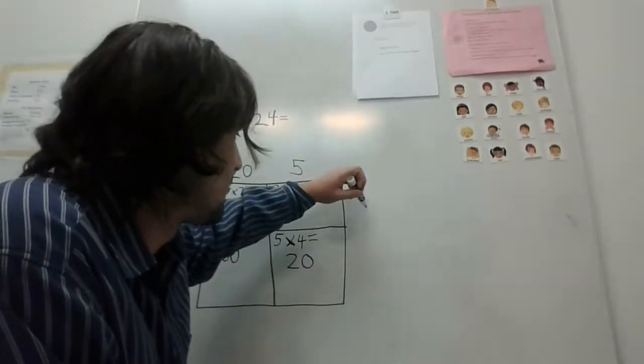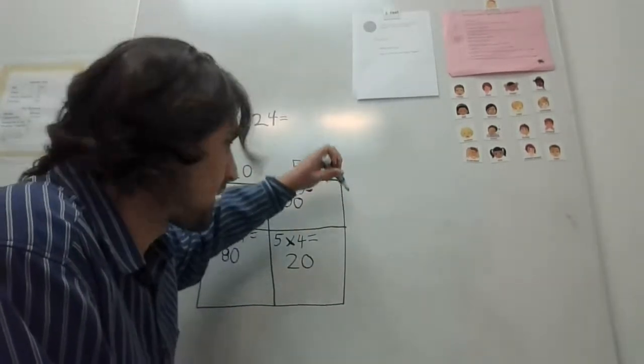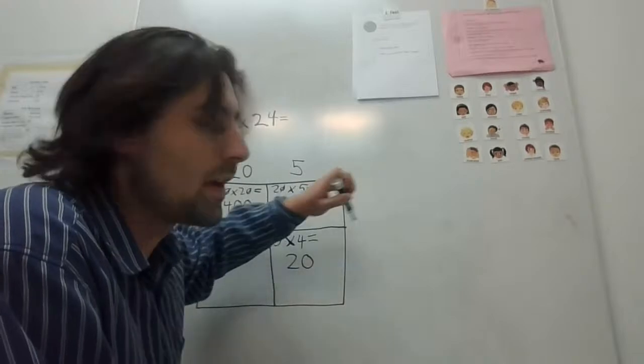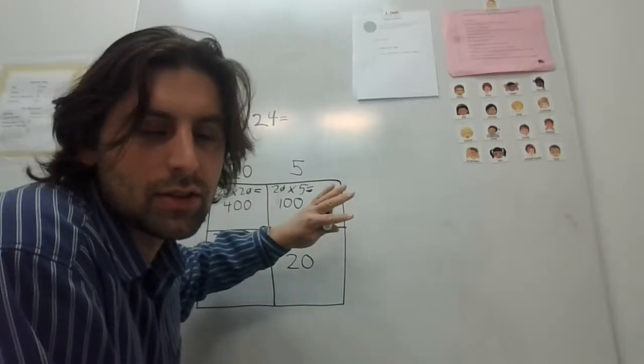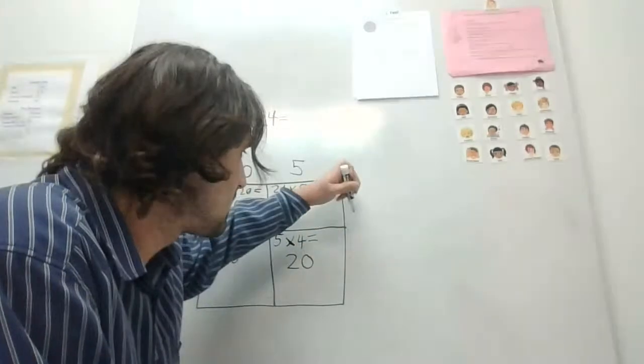So I'm going to show you what it looks like on the board and what it looks like on the paper. Very important when you're adding your answers together to line your numbers up.